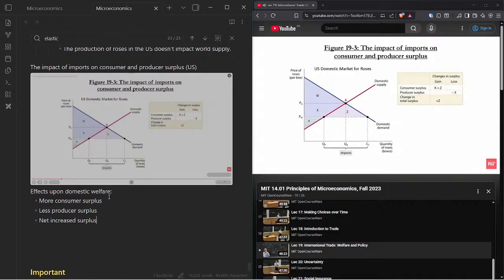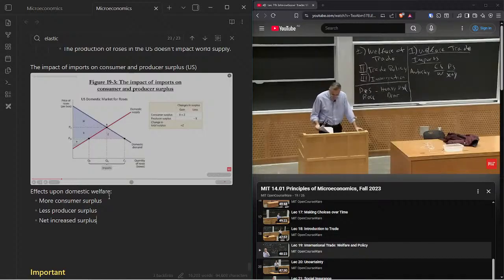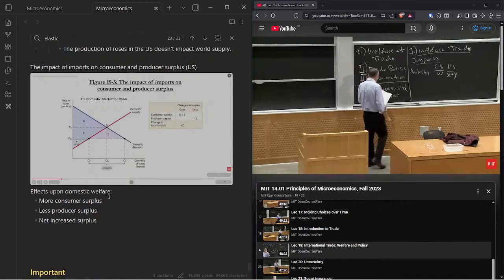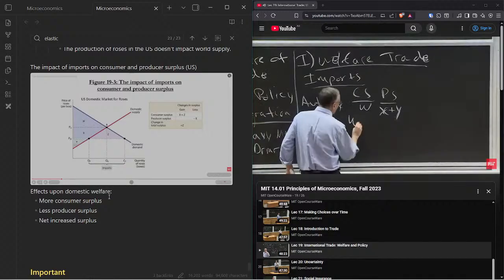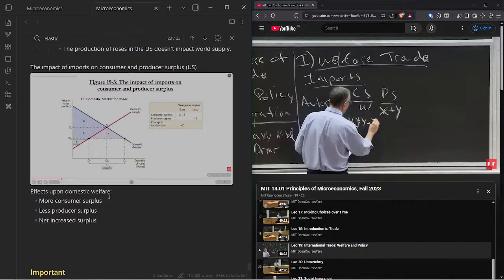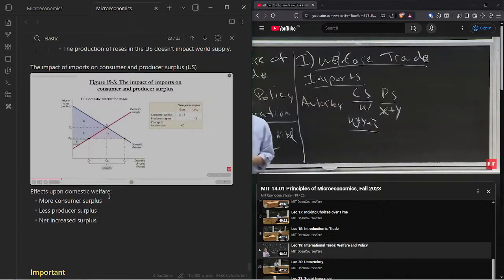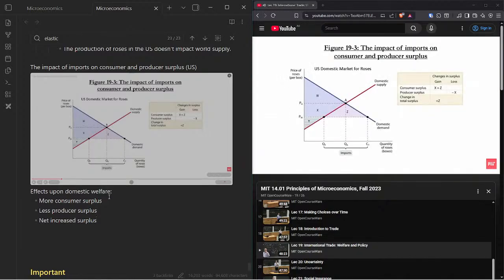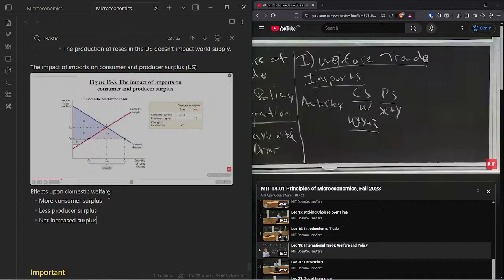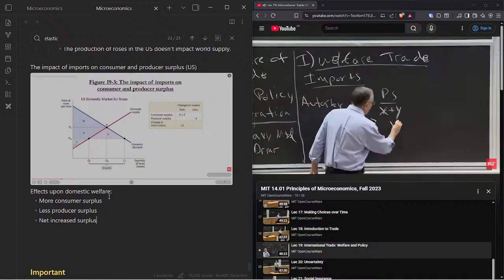Now we open up to trade. What happens under trade is consumers get to consume C sub T. So consumer surplus is now W plus X plus Z. Producer surplus has fallen all the way to Y.